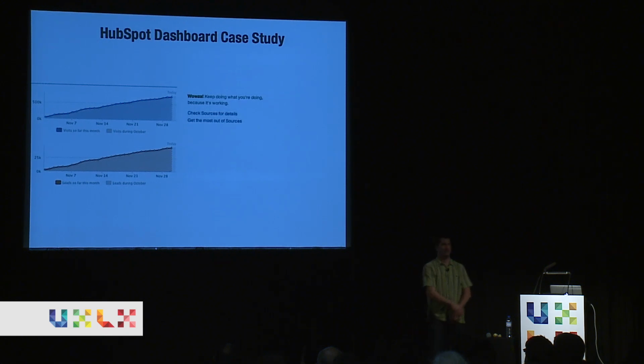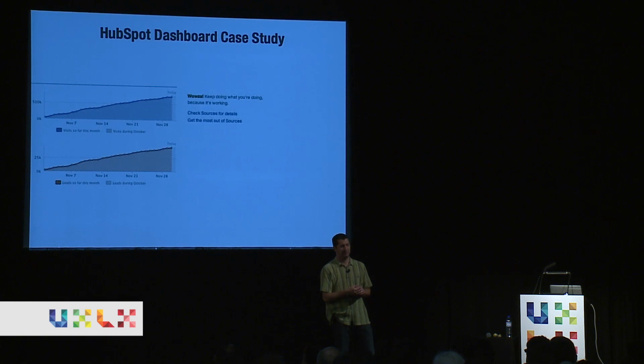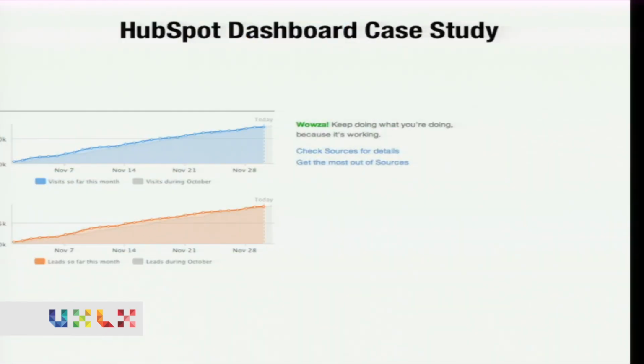We have a copywriter, and we came up with a whole bunch of different versions of this. But people really loved this one because it said, keep doing what you're doing. Our software had never told people that when you're successful and things are going well, just keep doing what you're doing. We weren't telling them to change their behavior. We were telling them to stay the course.